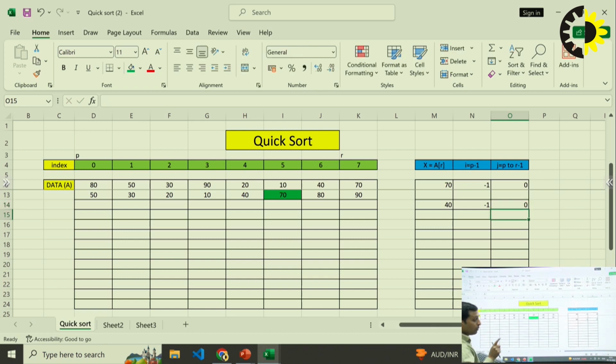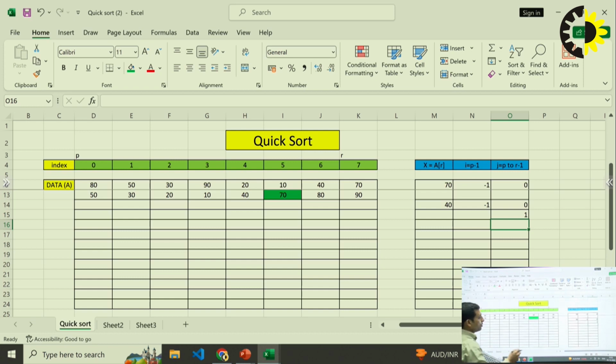Now repeat the same process we have done before. Now 50, indicated by the J position, is greater than this particular 40 element. So what to do? Just increment the J, that is 1. Now at position 1, 30 is less than 40.